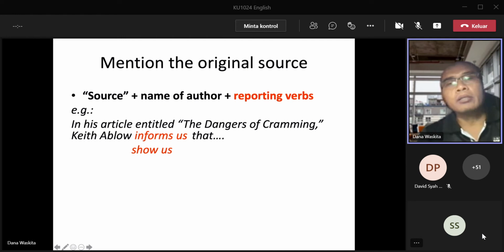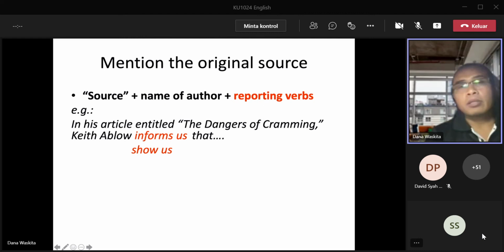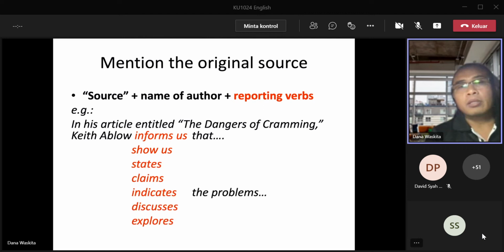Yeah, the function is to report what the writer says in the source itself. This one is an example of how to mention the original source and to avoid plagiarism. If you do not use this one, it is regarded as plagiarism, yeah, because that is not your own idea. Yeah, it's somebody else's idea.